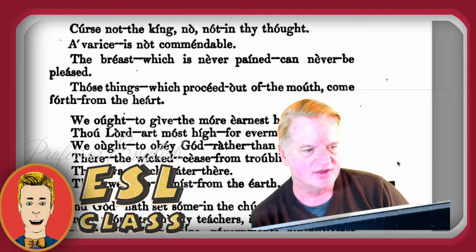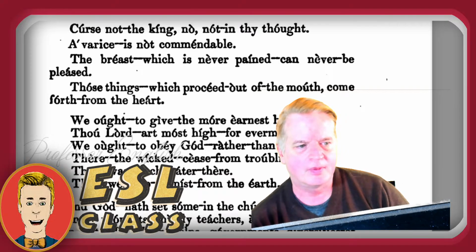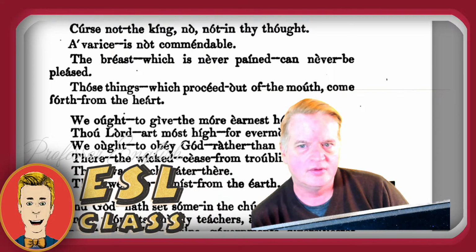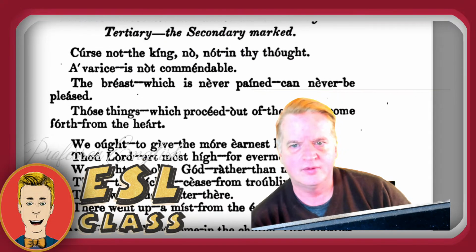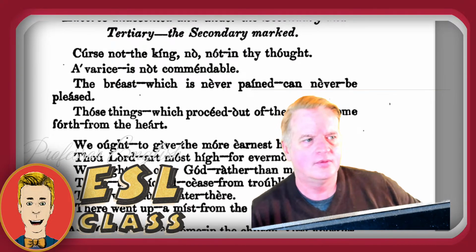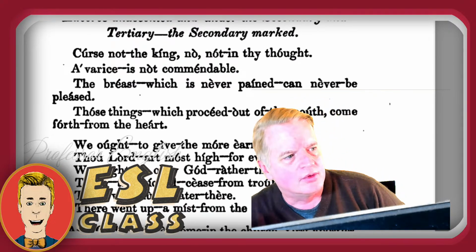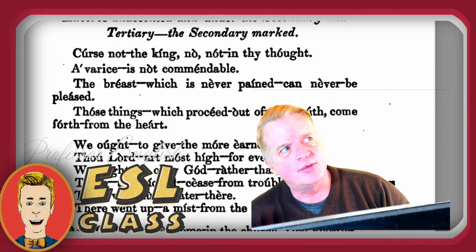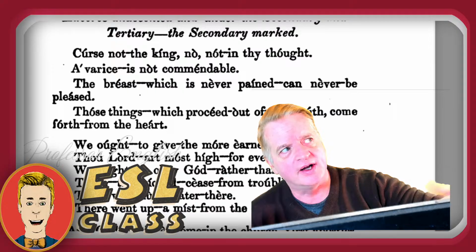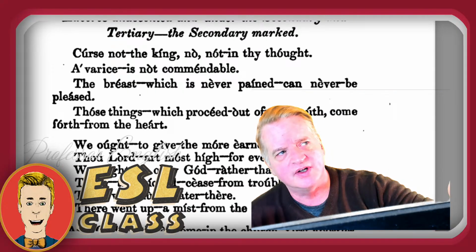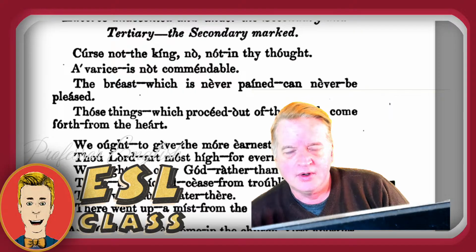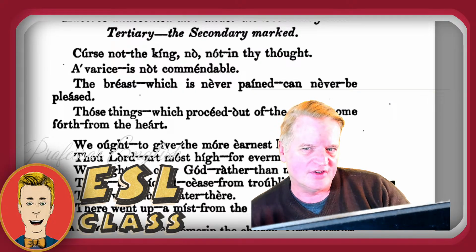Does that make sense? Yes. Okay. So, can you read the next line? Avarice is not commendable. Commendable means something that you admire, like something that you think is a good characteristic in a person.